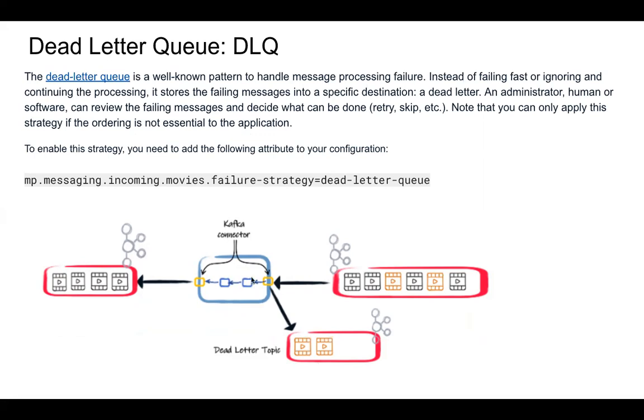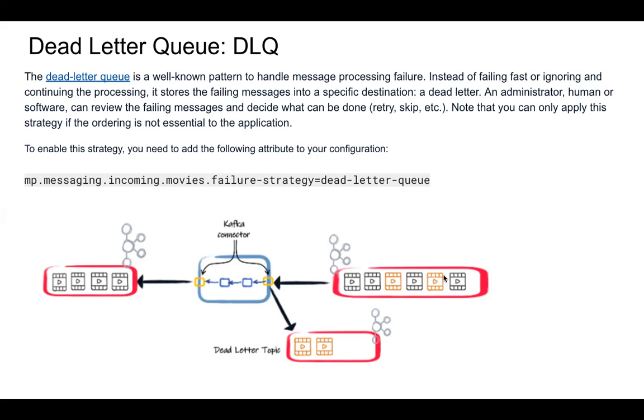It just simply saves it in another queue instead of passing it on to the subscribers, which it was unable to do. Then any application or software which is monitoring the dead letter queue topic will decide what to do with this message, whether to redeliver, retry, all the strategies could be applied there.